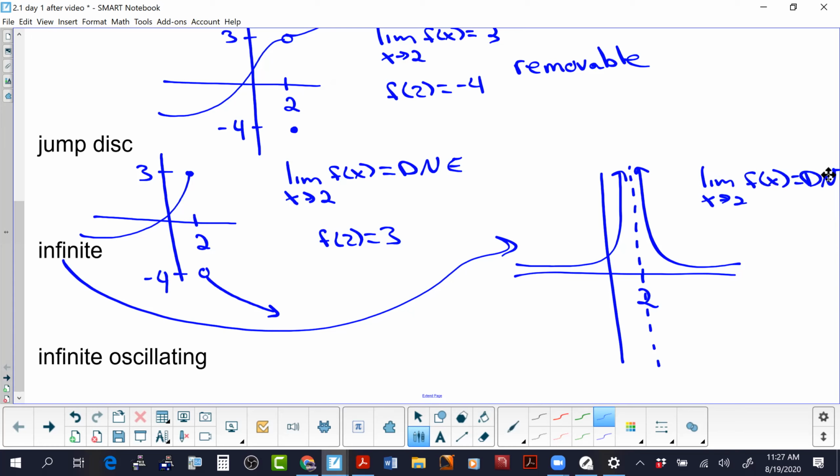And you're like, well, you just told me that if they're the same, then it has a limit, with the exception of infinity. Infinities are not necessarily the same. In this case, they're not. Not only that, if you have an infinite discontinuity, f of 2 doesn't exist either. There's a vertical asymptote happening there. So neither exist.